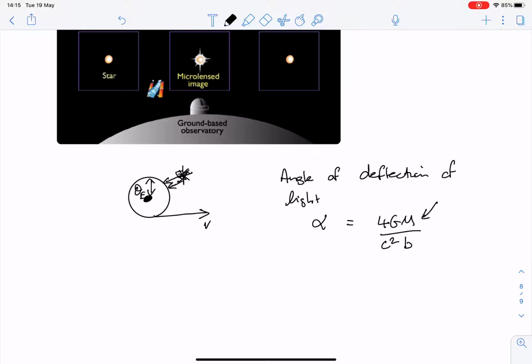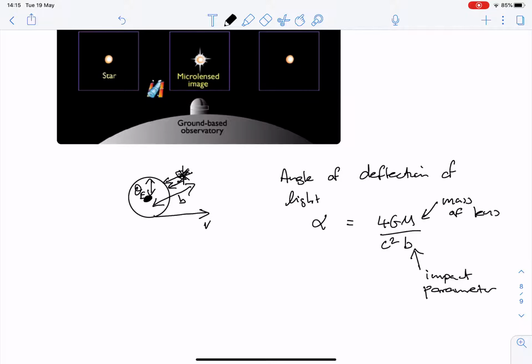So this is the mass of the lens. And the lens here is a black hole. This is something called the impact parameter. You think of that as a radius. Basically, in this particular case, it's the distance between the black hole and the star at any given point.